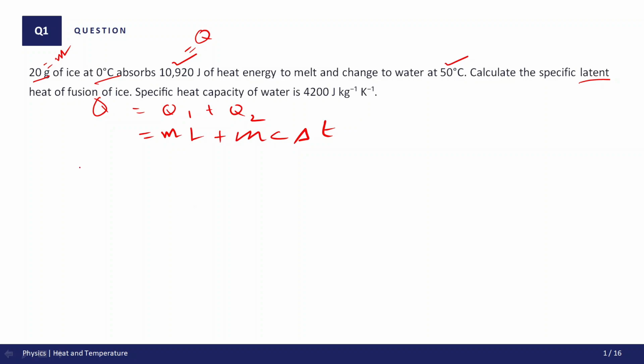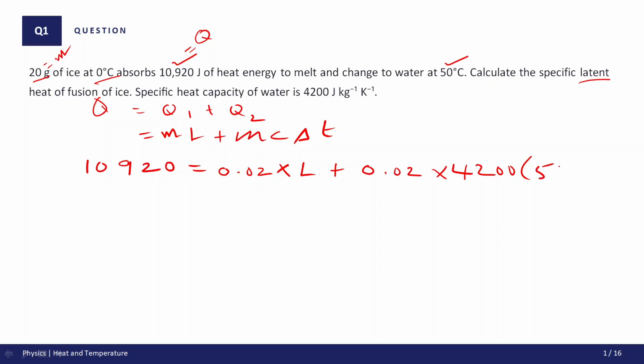Okay, I will add the given values here. 10920 equal to mass, given in CGS system, converted into SI system, 0.02 into L, plus 0.02 into 4200 into the change of temperature, which is 50 minus initially 0.